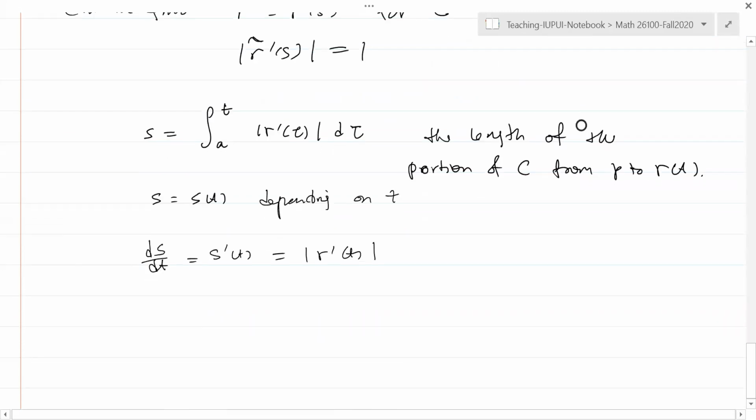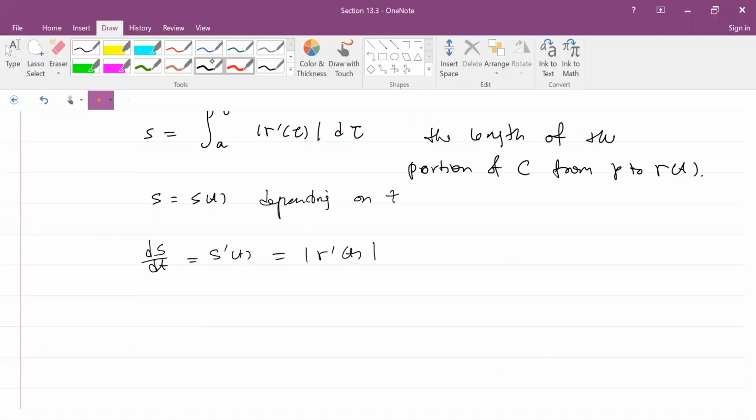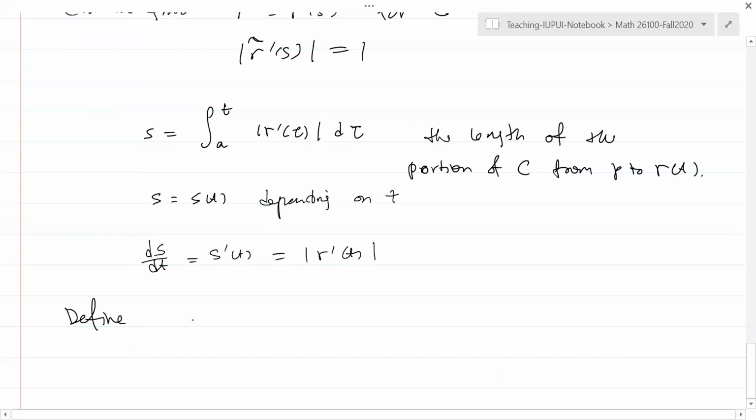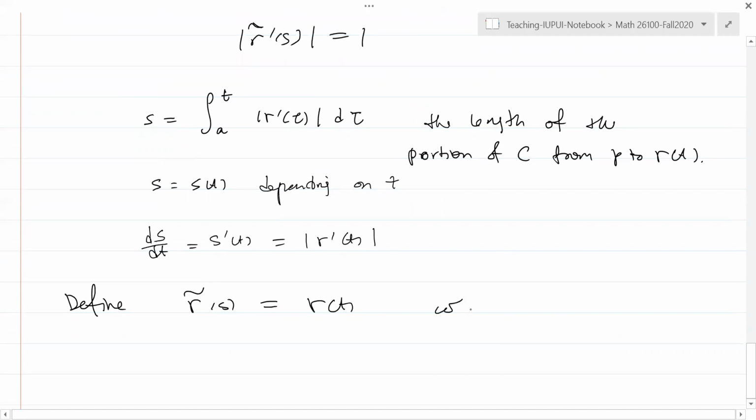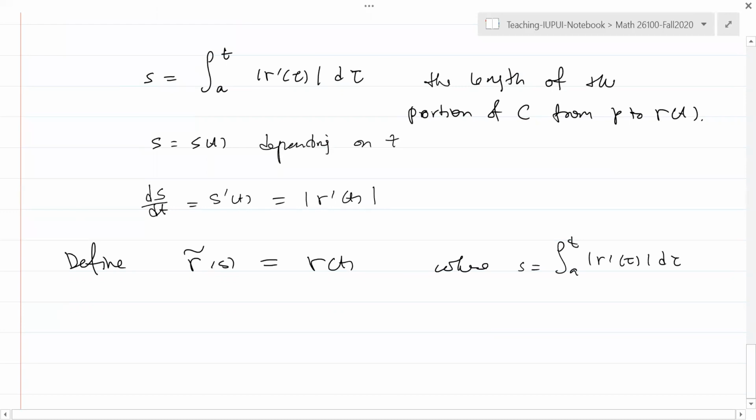We define r2 of s to be r of t, where s and t are related by the above equation, where s is the integral from a to t.